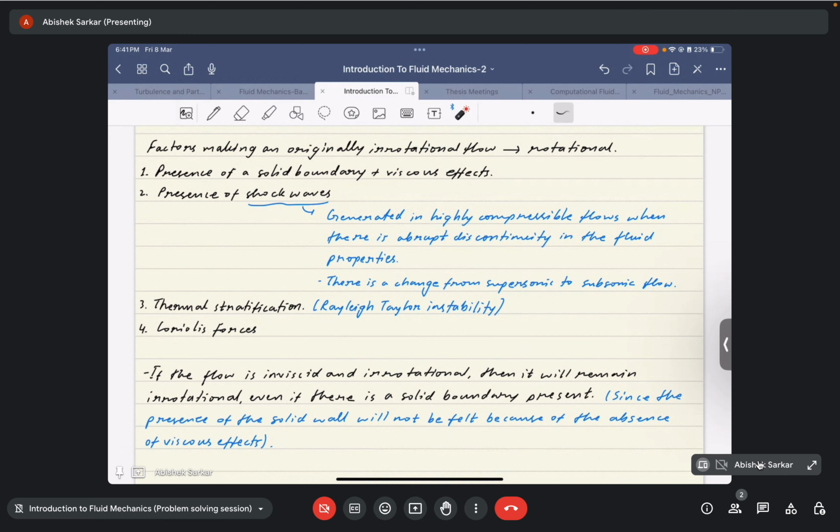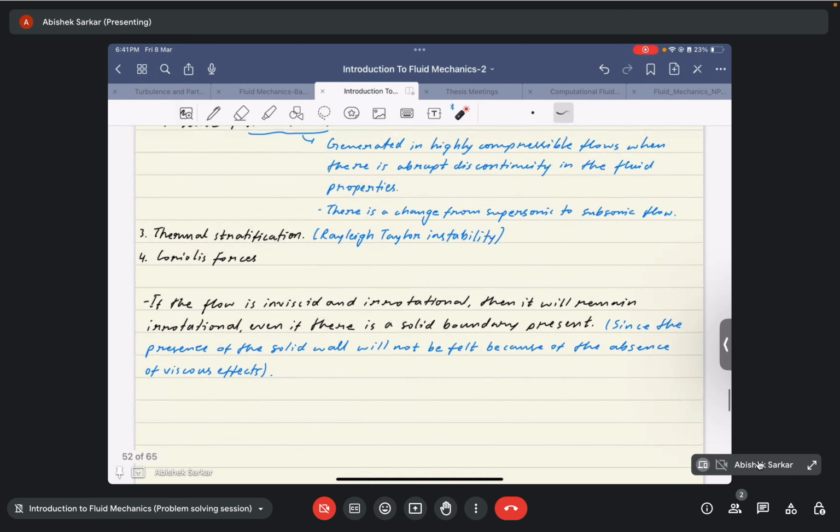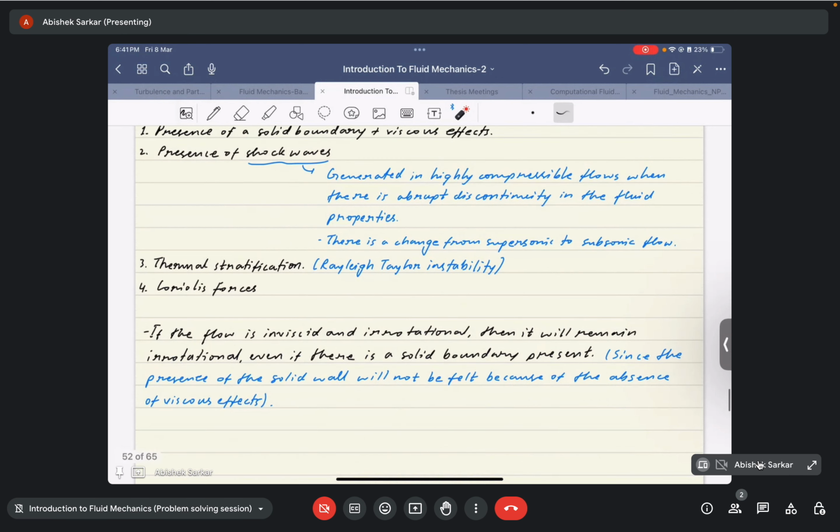Okay, but there's a very important conclusion that I wanted to arrive at while discussing these factors. This is a very important statement. Again, it's a one-liner question that may come in GATE or ESE. So if one knows the concept, one can easily score the marks. Okay, but again, something that can be remembered.